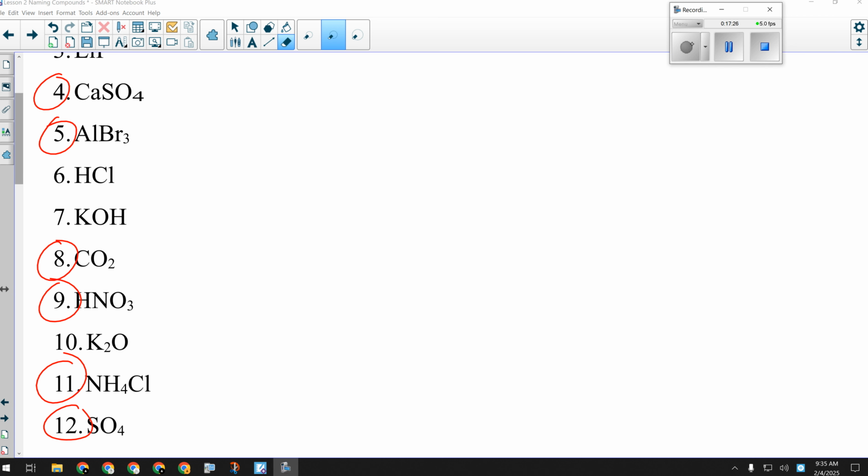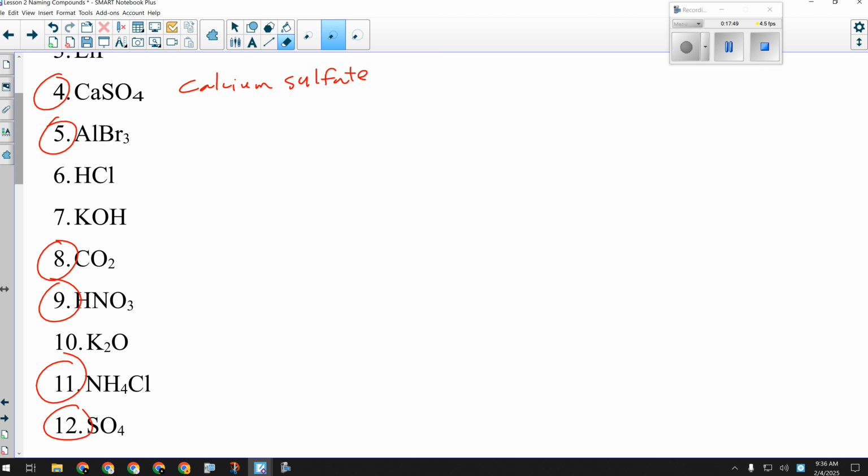So for question number 4 there, we got calcium and we've got sulfate, so ionic or molecular? Ionic. Calcium is a metal. So this is simply calcium sulfate. We just follow the ionic rules, which is write the metal and then write the polyatomic ion.